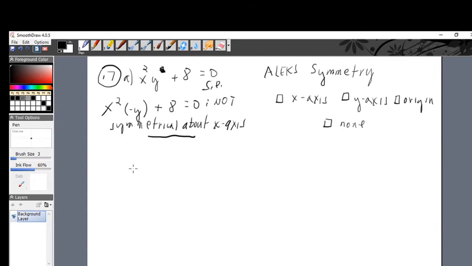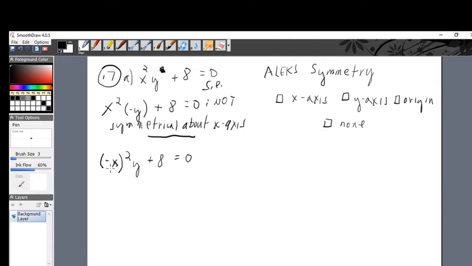Okay, next piece of work. What if we're testing to see if it's symmetrical about the y-axis? For that, you take the original, don't forget the original, and instead of x, you put in a negative x. Leave everything else alone: the y, the plus, the 8, the equals, the 0. Just replace x with negative x, and leave the square alone.